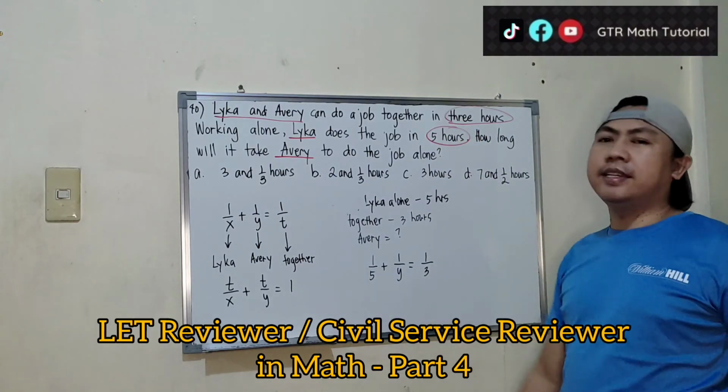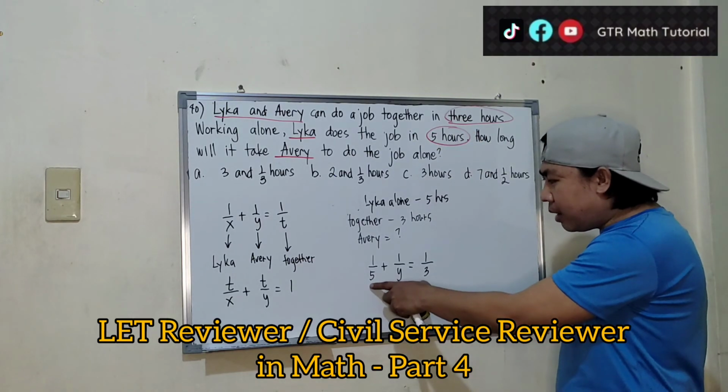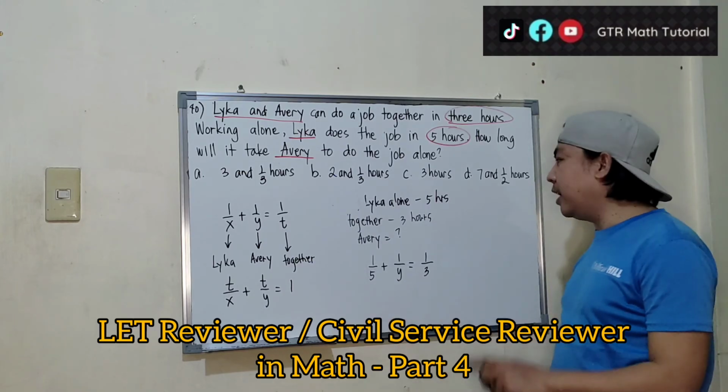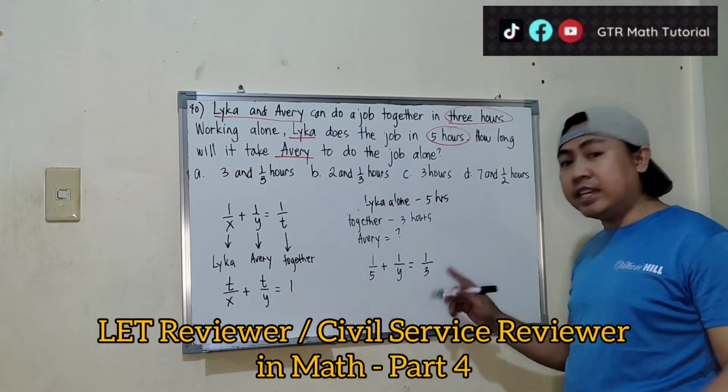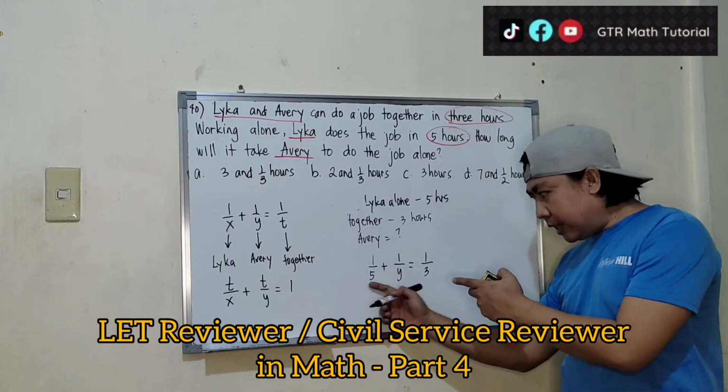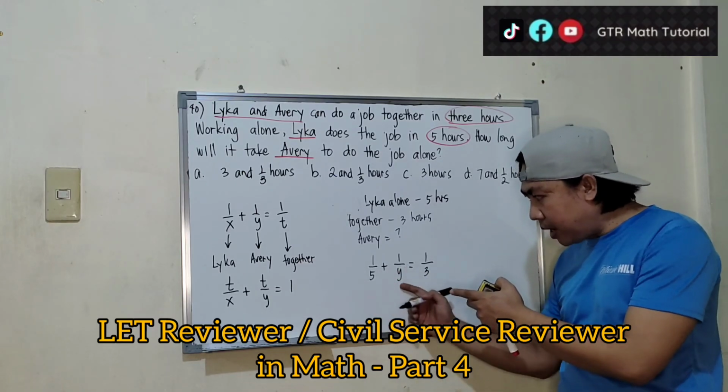Then solve for y. Multiply both sides by the LCD. Ano bang LCD ng 5, y, and 3? Just multiply the three numbers: 3, 5, and y.